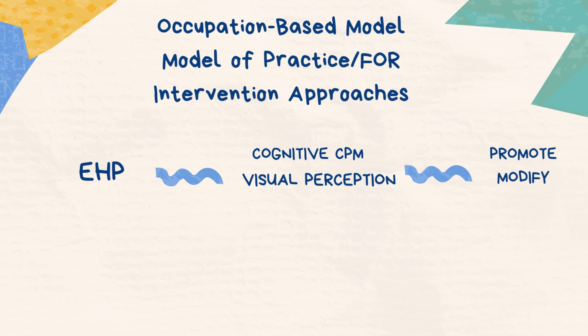And I picked visual perception as a frame of reference because you can see the difficulties that can interfere with other occupations, especially in education. So she's having difficulty writing, recognizing letters on her keyboard. So I figured visual perception would be the most appropriate for her.